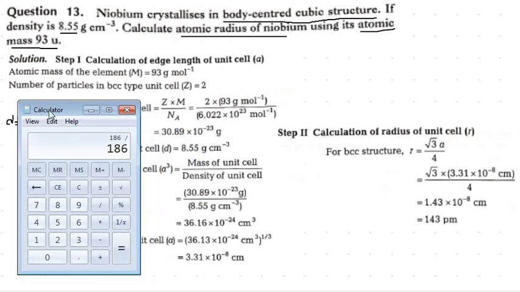The density is 8.55, divided by 6.022. So that is 3.612 into 10 to the power 23 going up and becoming minus 23. So your answer will be 3.612 into 10 to the power minus 23.